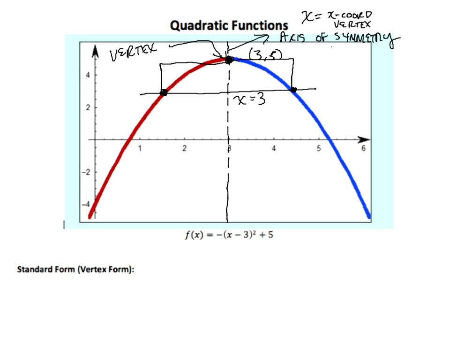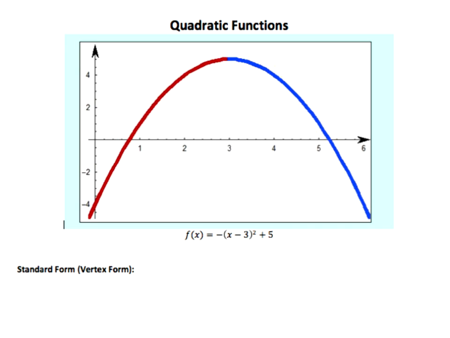And I don't think at this point there are any other major characteristics that we need to talk about before we go ahead and jump into what is standard form, a.k.a. vertex form. Let me get all this off of here.